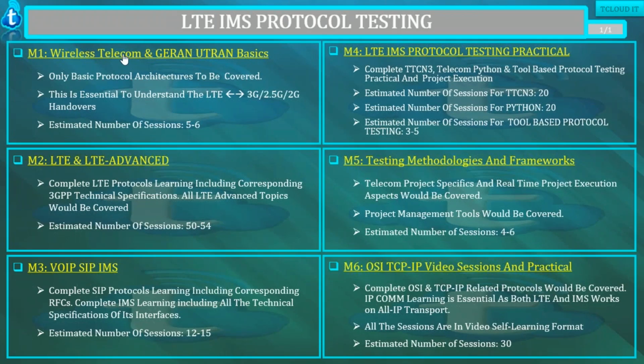We'll be learning the GPRS Edge Radio Access Network and UMTS Terrestrial Radio Access Network, nothing but 2G, 2.5G, and 3G network basics. How many classes would be estimated? 5 to 6 sessions. We have already completed 2 classes in this. Another maximum of 4 or 5 sessions will be there in this first module.